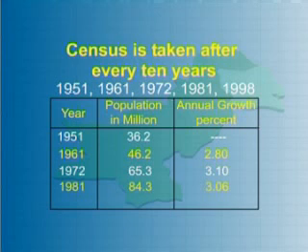Now, if we move to 1981, Pakistan's population, according to 1981 census, was 84.3 million. And this showed an annual increase in Pakistan's population by 3.06%. It's a slight decline from the earlier figure of 3.10, but nevertheless it is above 3%.